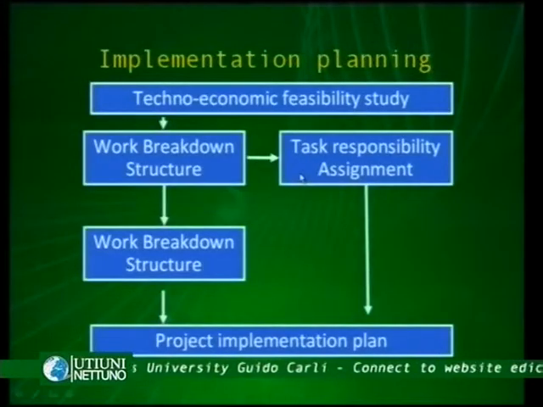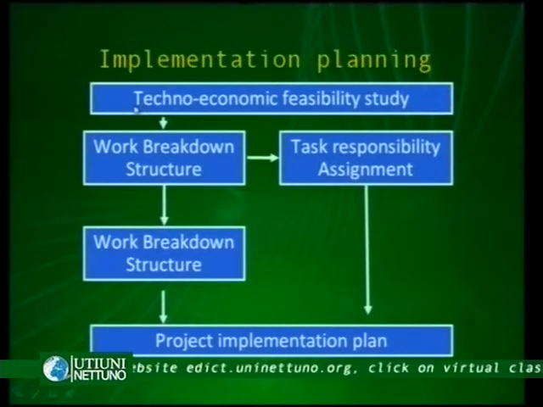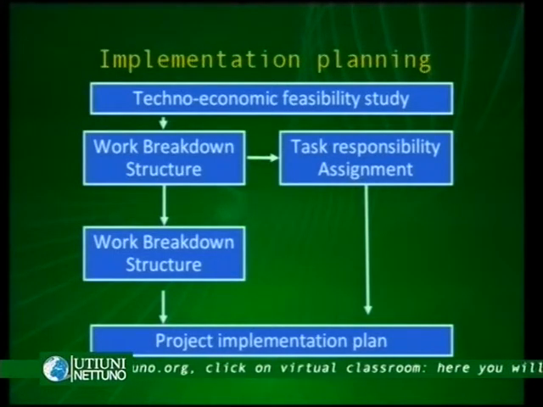Work breakdown structure is about activity. Then, as we've seen already, we need resources for making this plan become real. So we have the task responsibility assignment. These are the people exposed to these activities which have been planned during the techno-economic feasibility study.